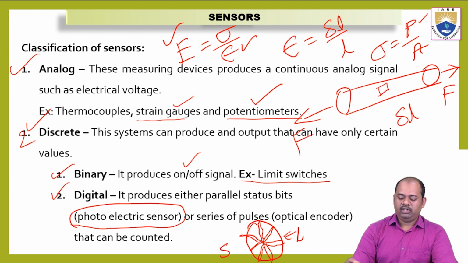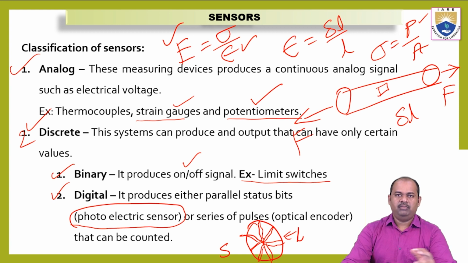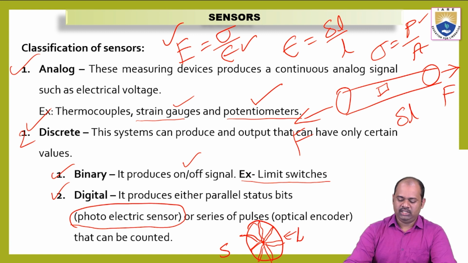Whenever the disc is rotating, the light position will change, or the light capacity will change according to the position of the optical disc. With the correct calibration, it can measure the rotation of the disc. This calibration, that entire thing, we will discuss in later classes when we are studying optical encoders in robotics. So these are the two types of sensors, analog sensors and discrete sensors.